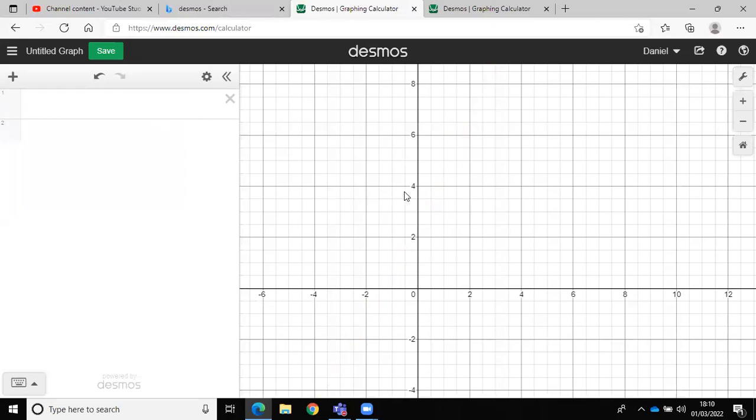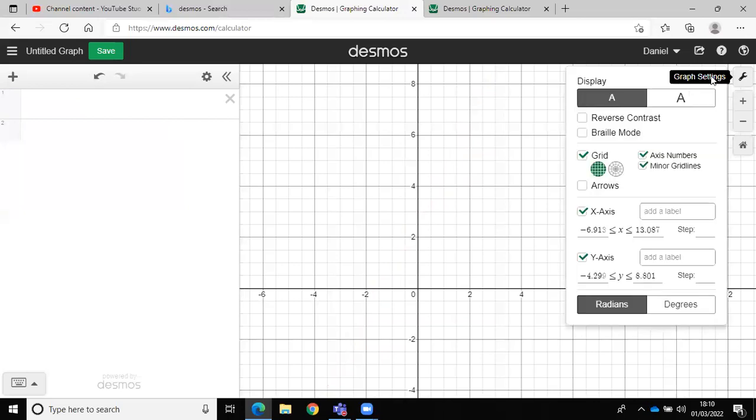So for the trig graphs, if you go to graph settings, you'll get this screen here. The first thing you want to do is set it to degrees. Down the bottom you've got radians and degrees, so we want it in degrees. Your y-axis plus and minus, that's your vertical axis, remember.